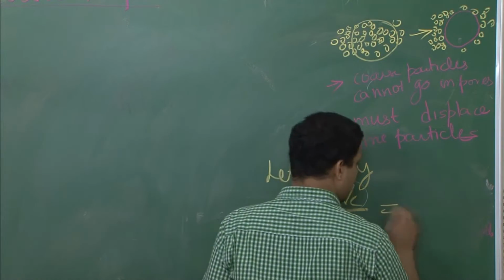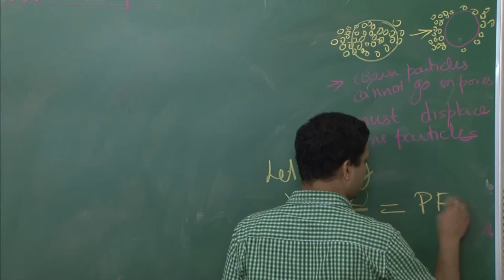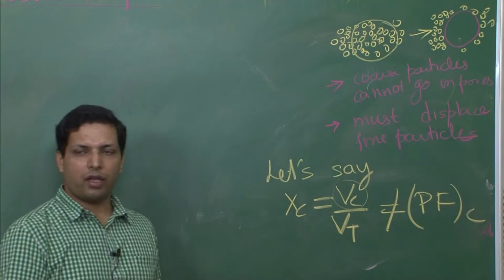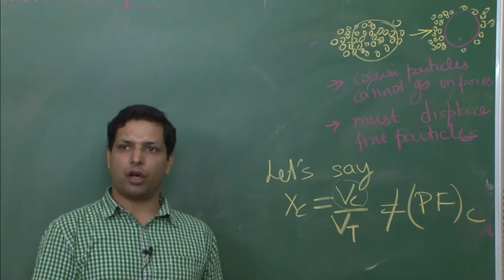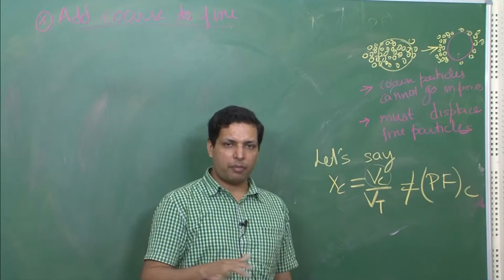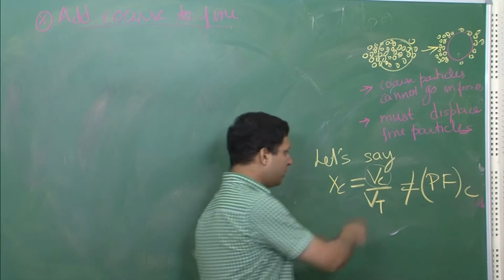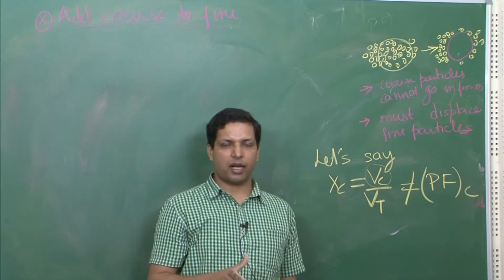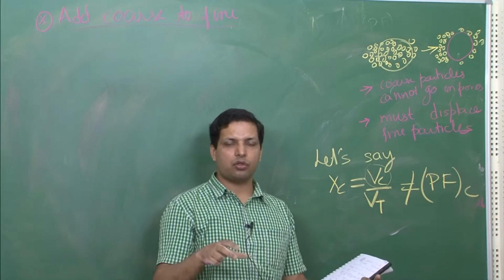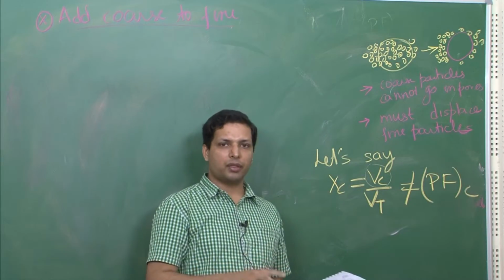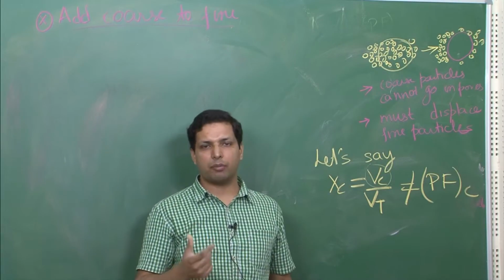And another thing is that this is not equal to packing fraction of coarse. In the previous case where we assumed that the coarse particles were fully packed in the volume, then Vc by Vt would have meant packing fraction. But here some random places to begin with will be occupied by the coarse particles, and therefore that Vc by Vt does not represent packing fraction.